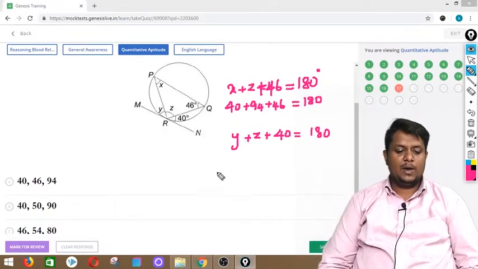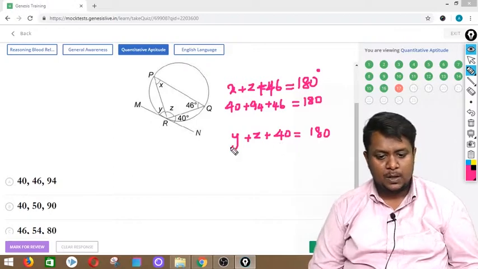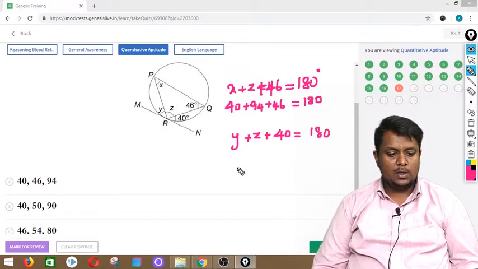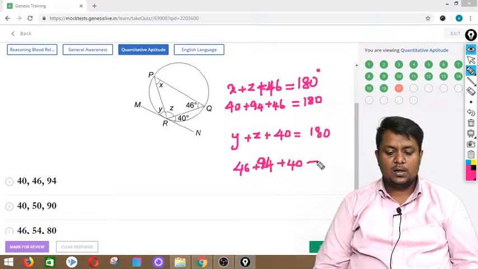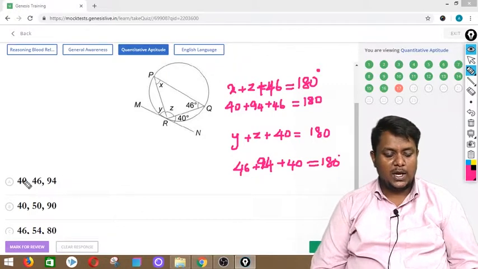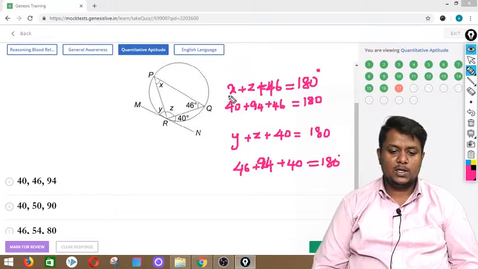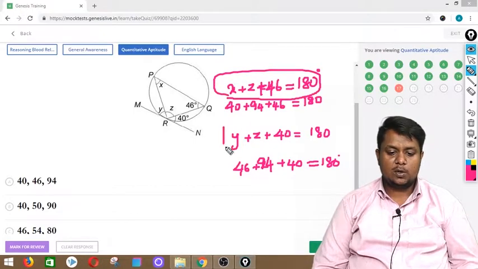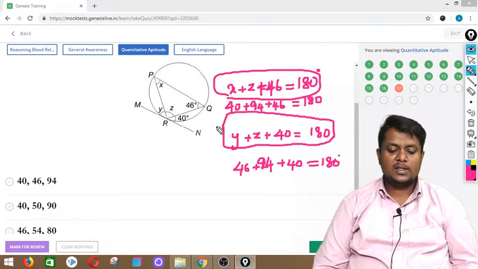So X value and Z value satisfy. Y and Z, let us substitute. 46 plus 94 plus 40, that is also 180. So this also satisfies. So for option A, all the values, when you substitute in these two equations, satisfy them.